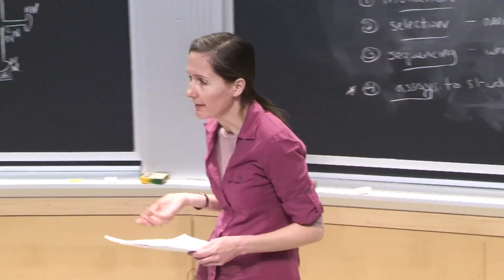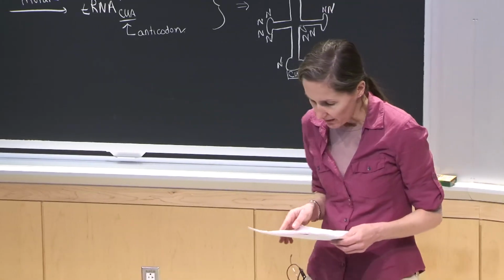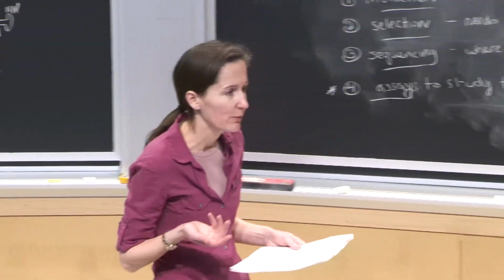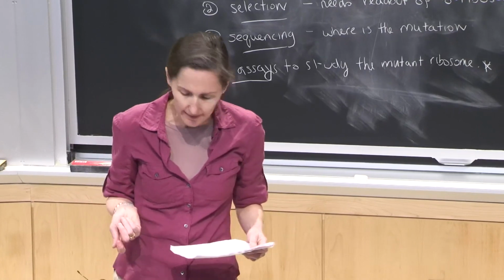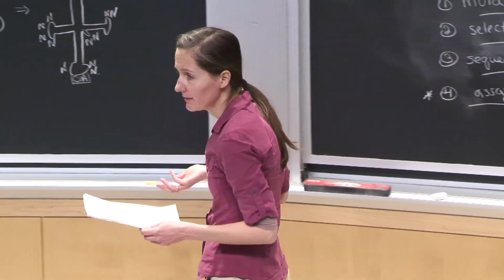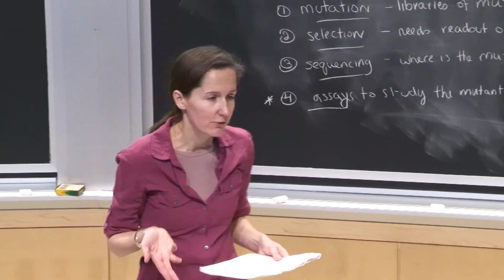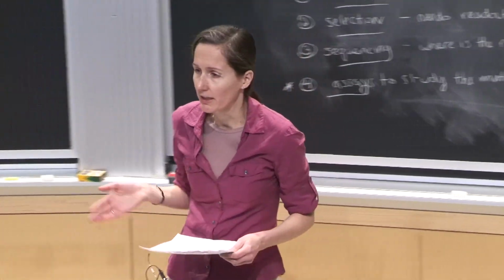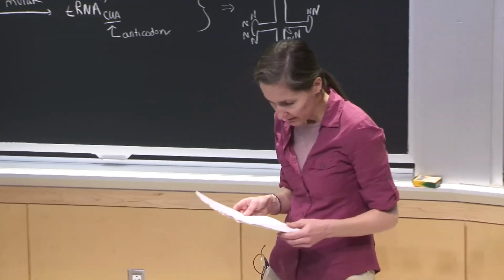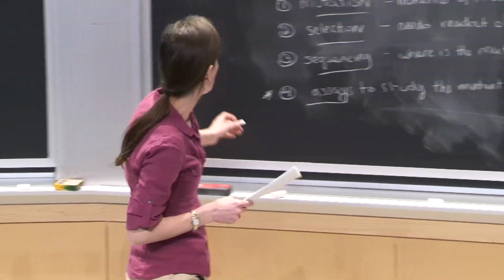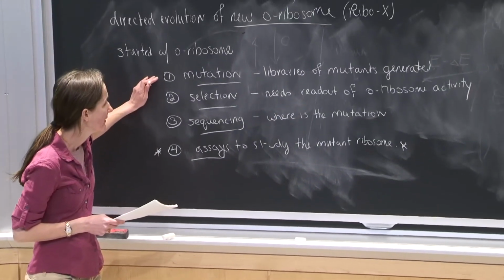Crystal structures guided the library design. They looked at crystal structures where tRNAs are bound to the A site or where RF1 is bound to the A site, and from these, they selected 7 different positions of the RNA and randomly mutated them. So that gives you some mutants to study.